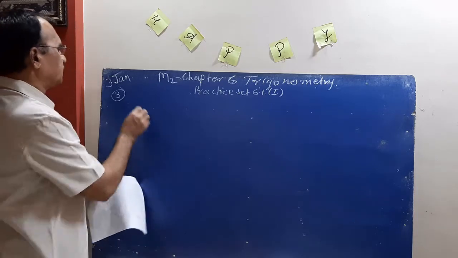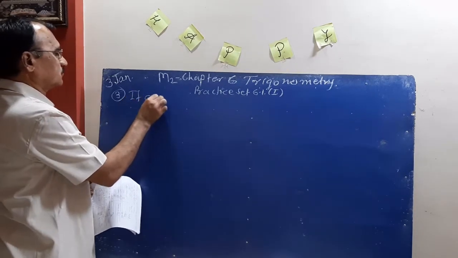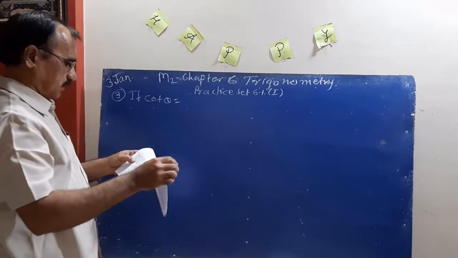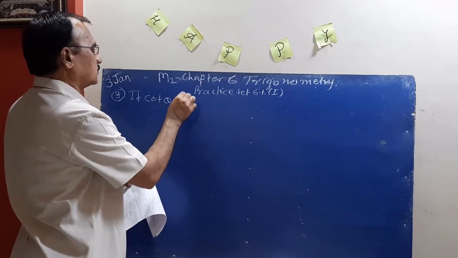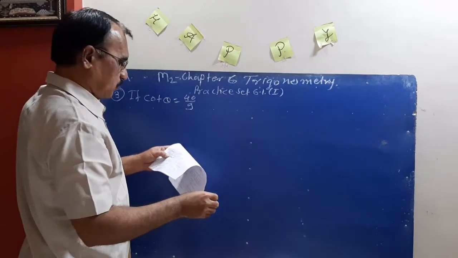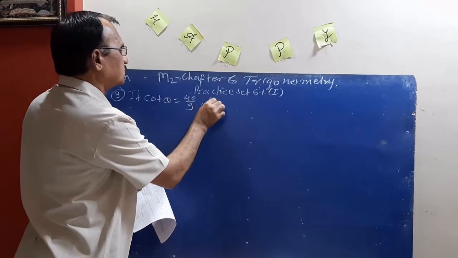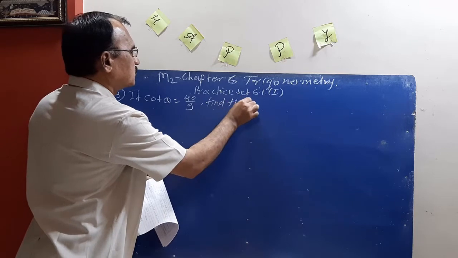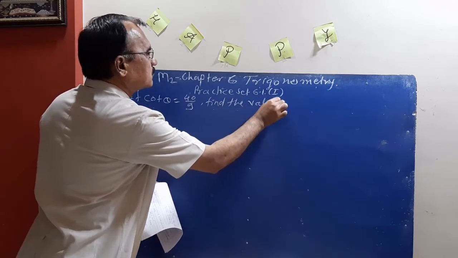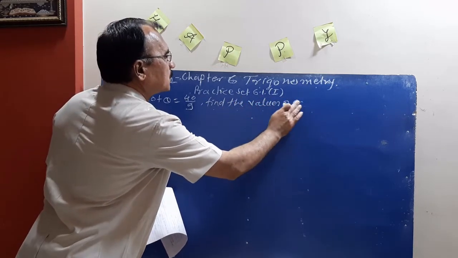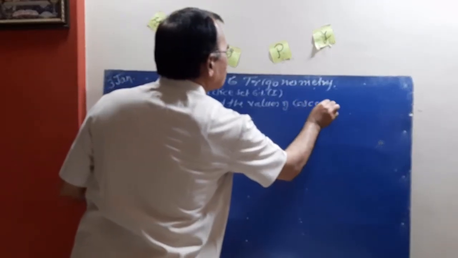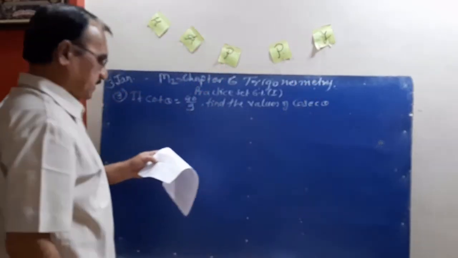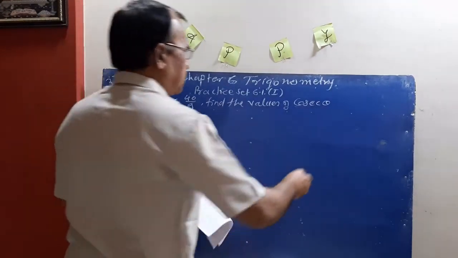If cot theta is equal to 40 upon 9, find the values of cosec theta and sin theta.